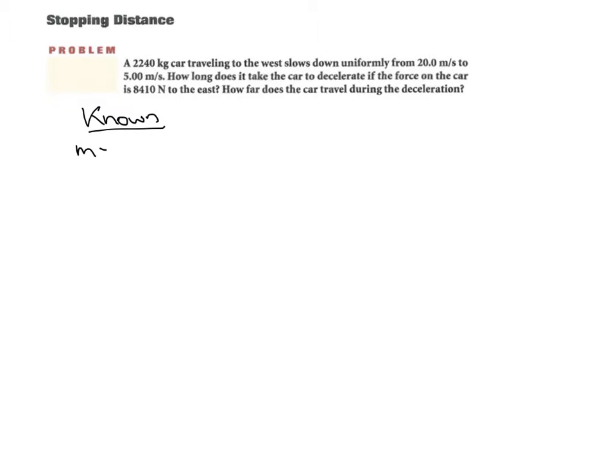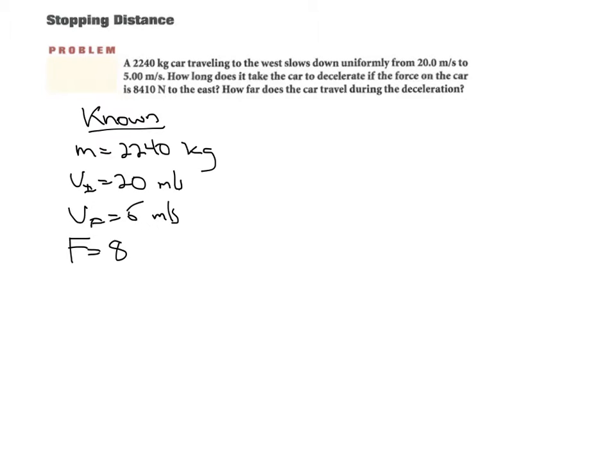We know the mass of the car is 2,240 kilograms. V initial is 20 meters per second. V final is 5 meters per second. We also know that the force on the car is 8,410 newtons.